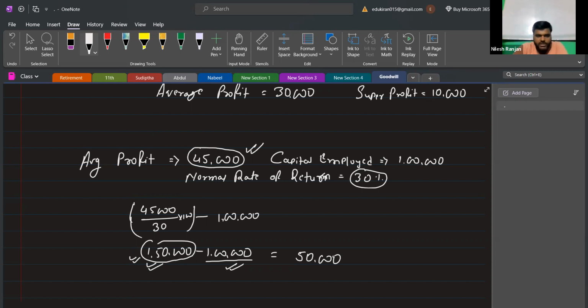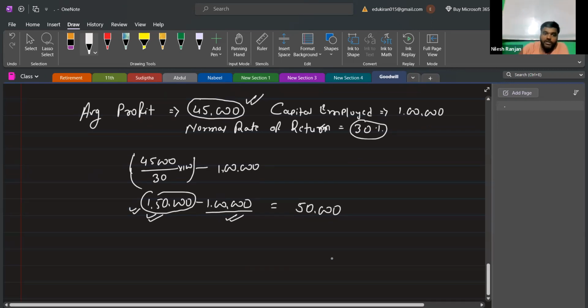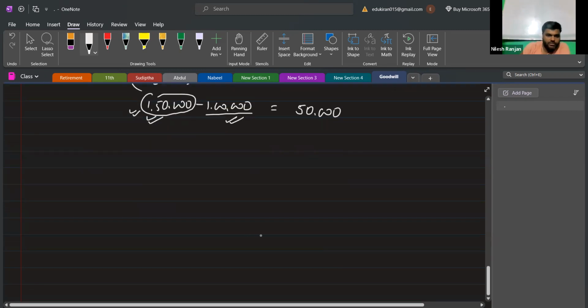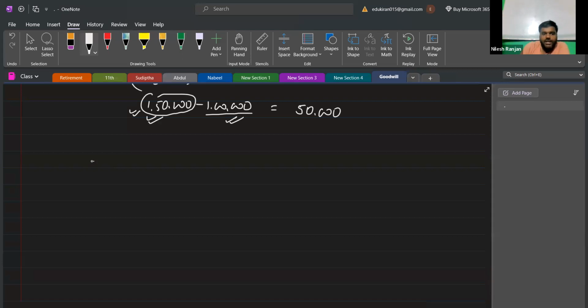So this is capitalization method using average profit. But sometimes the question says that you have to use capitalization of super profit.